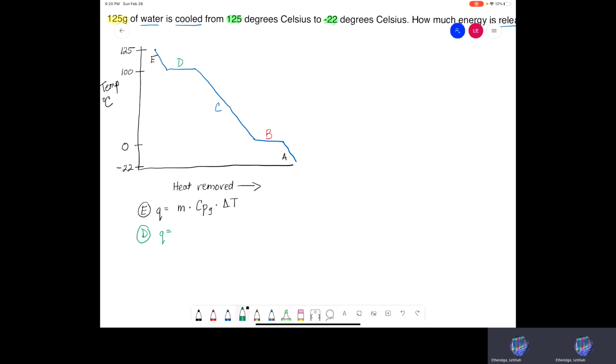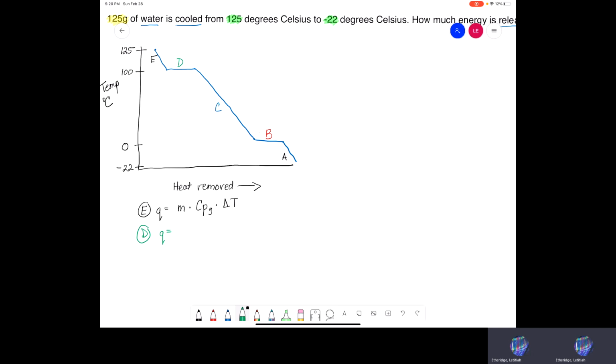D is going to be Q equals, now, here is the big distinction between a heating curve and a cooling curve. The energy that it takes to create the phase change is exactly the same. So whether I am melting or freezing, or boiling or condensing, the amount of energy that it takes is the same. The difference is that that energy will be negative because you're releasing it, not absorbing it.